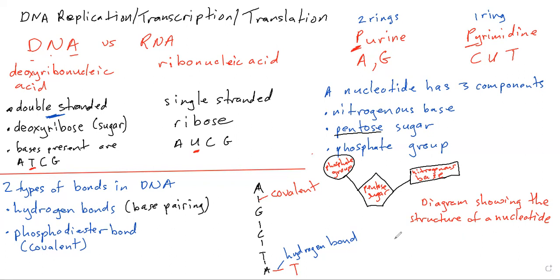I already stated that A bonds with T. So we know that A bonds with T. Now, do you know how many hydrogen bonds are between A and T? Anybody?